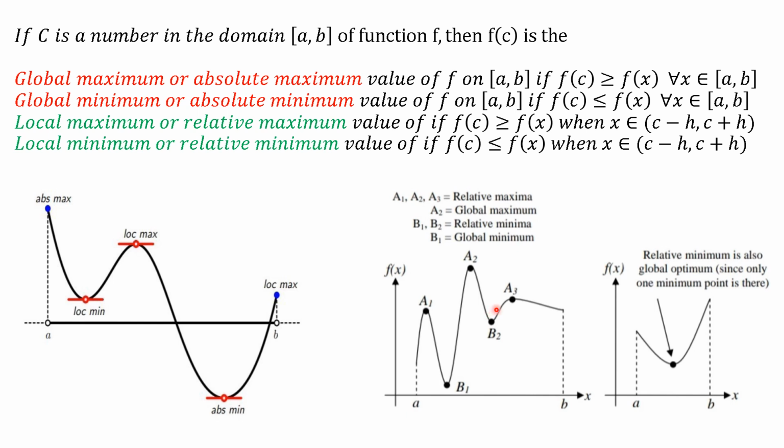In this graph we have this maxima. A1 is maxima, even A2 is also maxima, and even A3 is also maxima, because it is upwards.